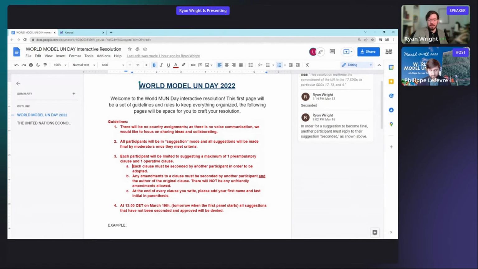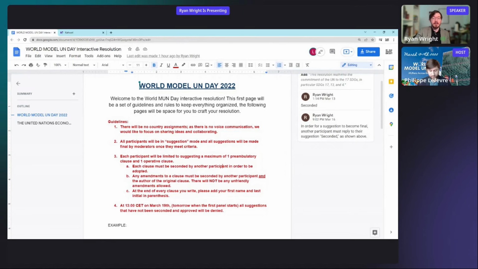We want people working together. We want people negotiating, saying, maybe if you second my clause, I'll help write a preamble for you, that sort of thing. And that kind of gets into our criteria on how to make your one operative and your one preambulatory permanent. And that criteria is each clause has to be seconded by another participant in order to be adopted. So moderators will be looking for seconds in the comments.